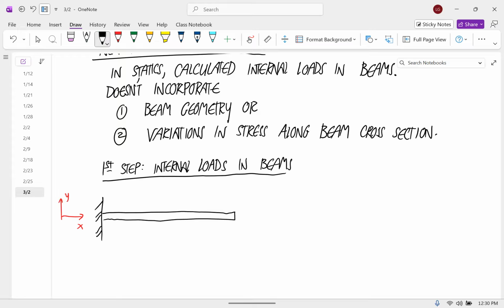And let's say that at this end we have a point force that makes an angle of 45 degrees with the horizontal, magnitude of 1,000 newtons. And let's say that this is the new thing. Let's say that we have a couple like this of 500 Newton meters.